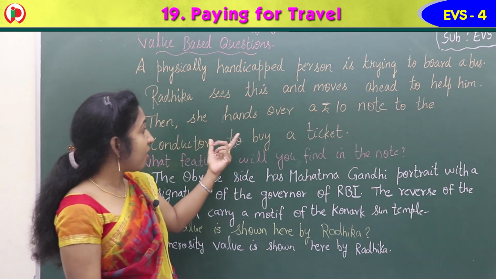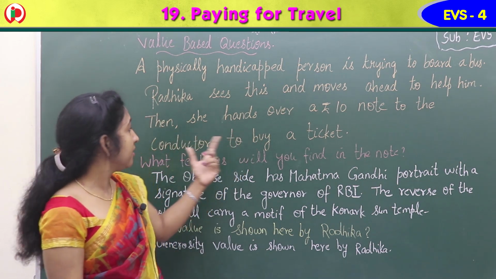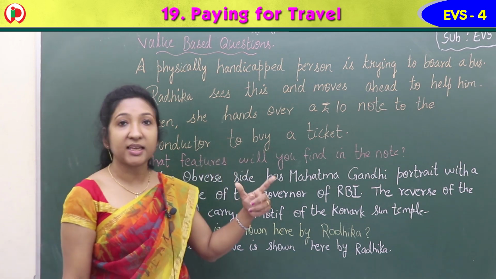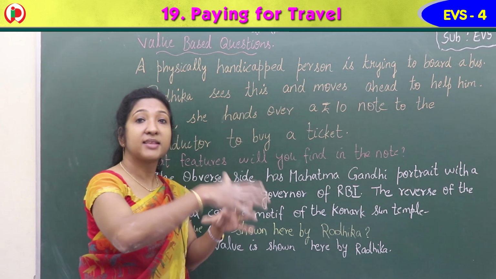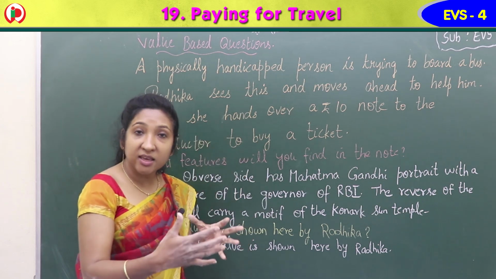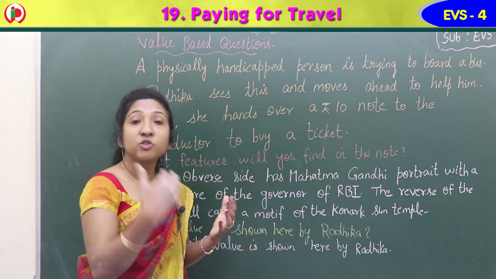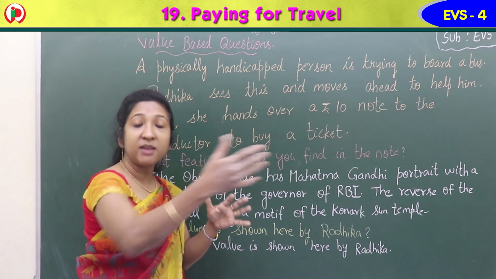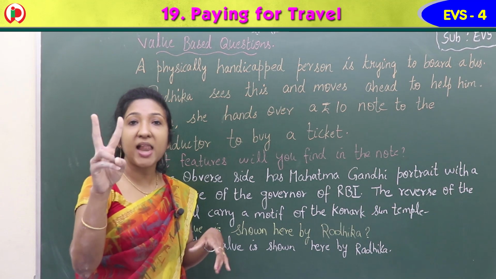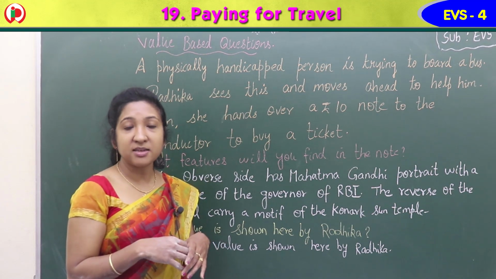Then she hands over a 10 rupee note to the conductor to buy a ticket. Then what did she do? She helped the person to get into the bus. At the same time, she gave 10 rupees to the bus conductor as the ticket money for that person. So two helps Radhika did here, isn't it?